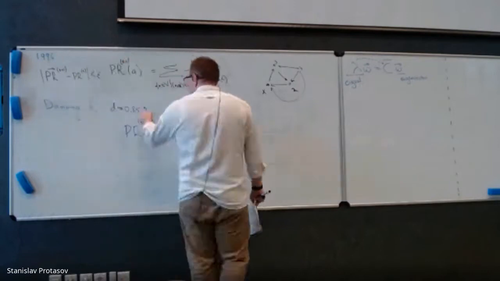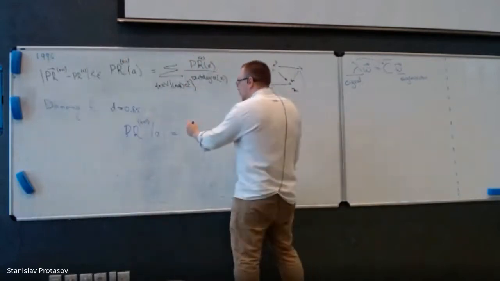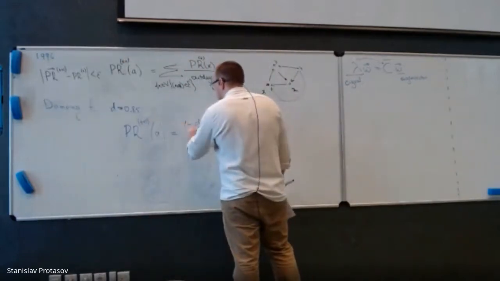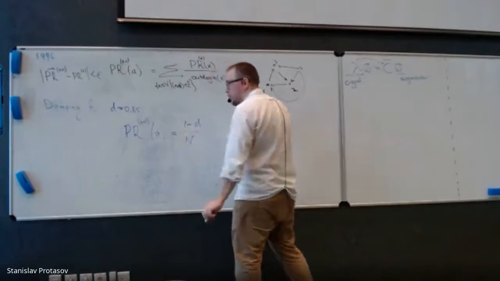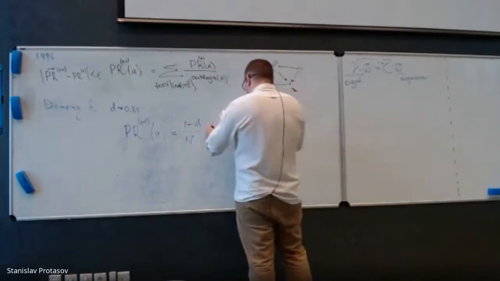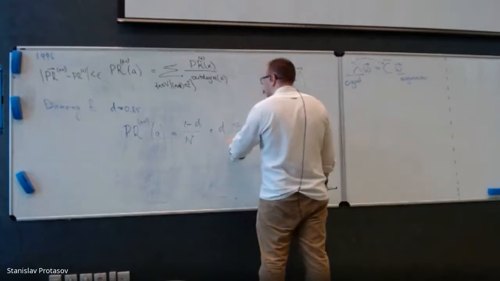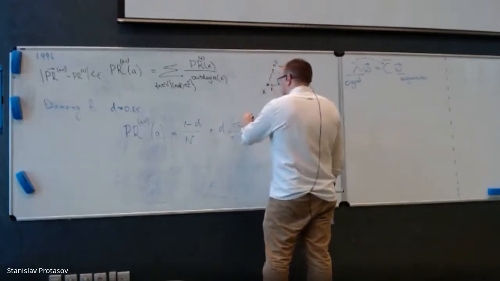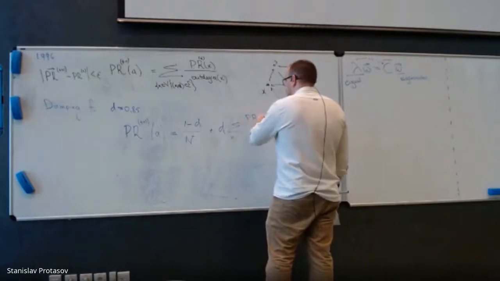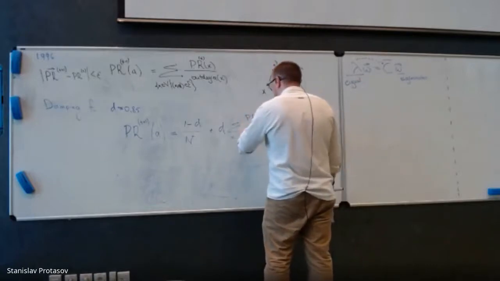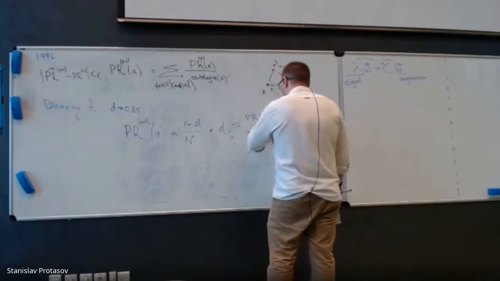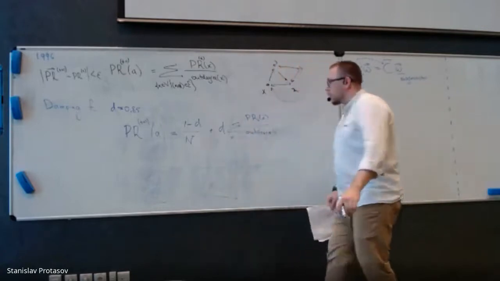It is this probability of stopping with no reason, 1 minus D divided by N, where N is the number of documents, plus the same sum, okay? Sum over X, where we have PageRank of X divided by out degree of X.